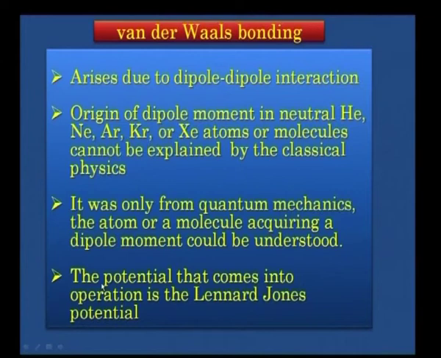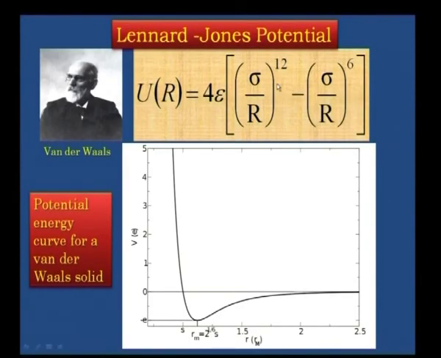So, I will talk to you about the Lennard-Jones potential to a greater extent, which has been used quite extensively to understand the properties of gases in general and also many other cases, right. The Lennard-Jones potential will have the following form: U of r is here.